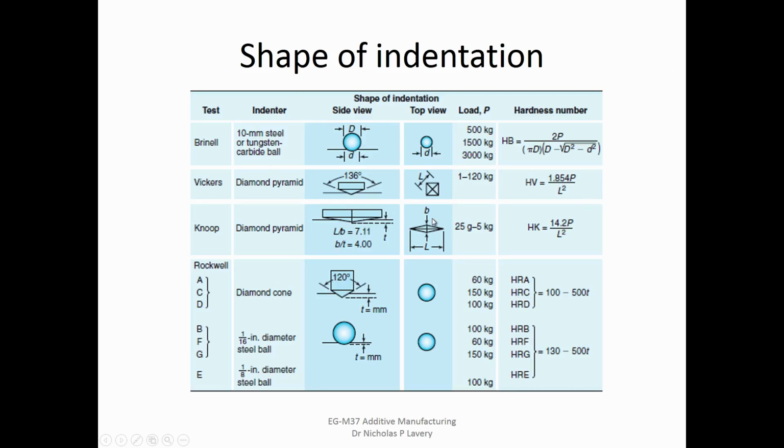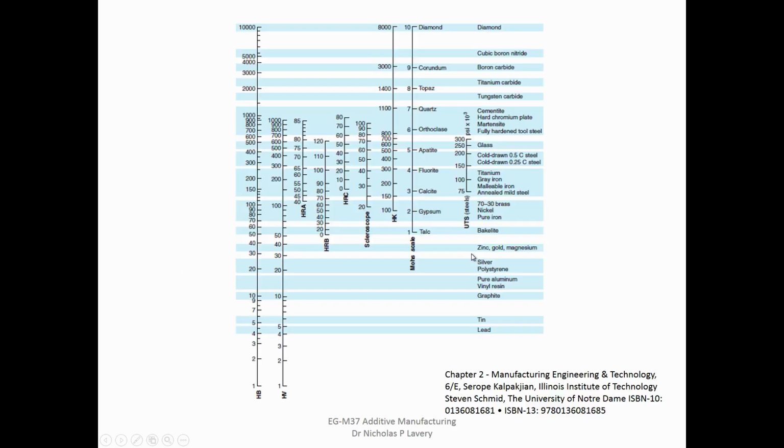The different kinds of heads that they have to do the indentation will determine the type of testing, whether it's Vickers or Brinell or Rockwell or whatever. So here are some of the different scales.